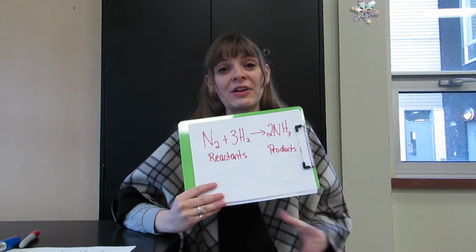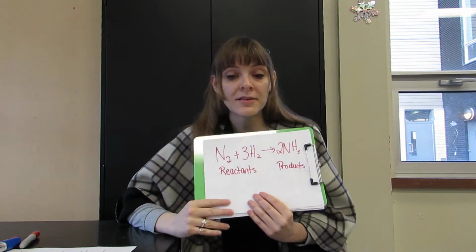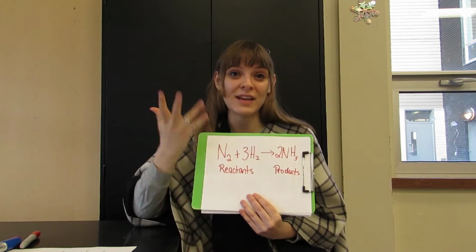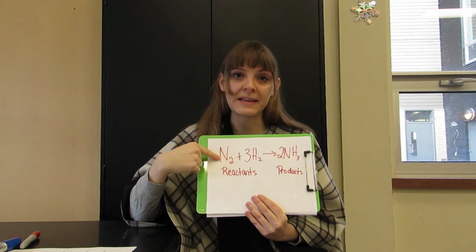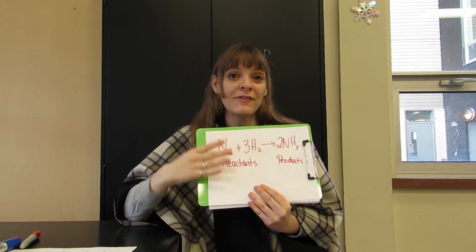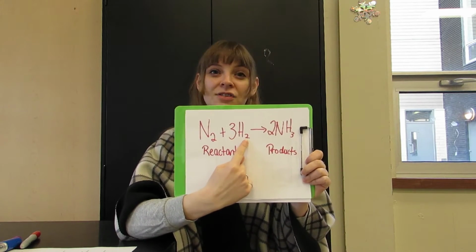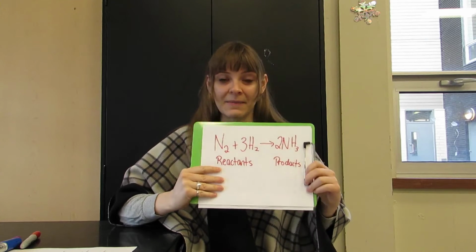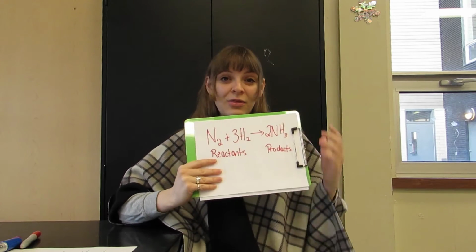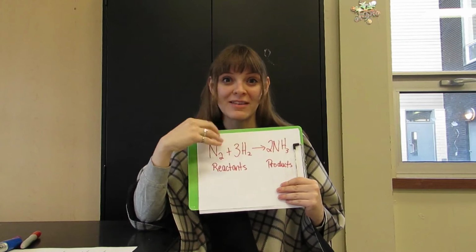Now, let's take a closer look at the components that make up this chemical equation here. So the large letters represent your atoms, your substances. So for instance, this N is a nitrogen and this H is hydrogen. Now, if you look carefully, you're going to see little numbers next to some of the letters, but only next to some of them. Those are called the subscripts, and those tell us how many atoms there are in that particular arrangement.